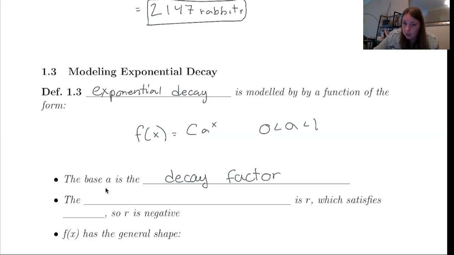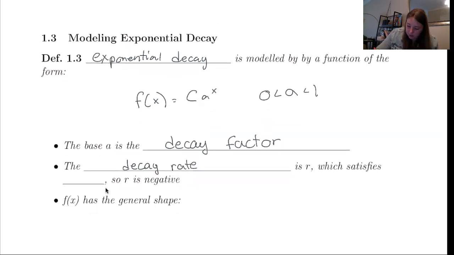And A is between 0 and 1. The decay rate is R, which satisfies that fun little equation, A equals 1 plus R. So R is going to be negative, right? If A is between 0 and 1, also R equals A minus 1.